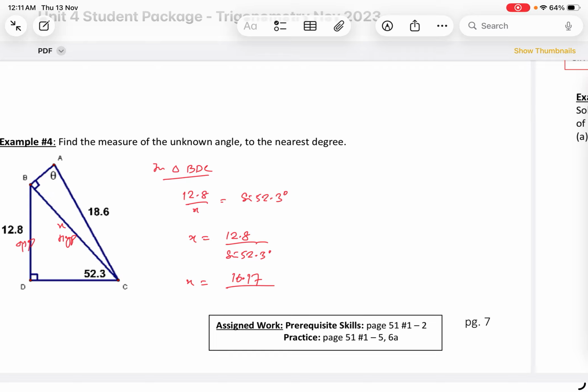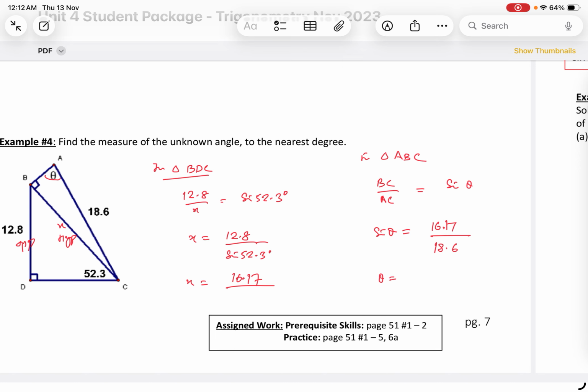So now BC is known, we need to find this angle. If I take triangle ABC, BC is the opposite side and AC is the hypotenuse. So it will be sine of theta. It means sine theta is equal to 16.17, which is BC, over AC, which is 18.6.